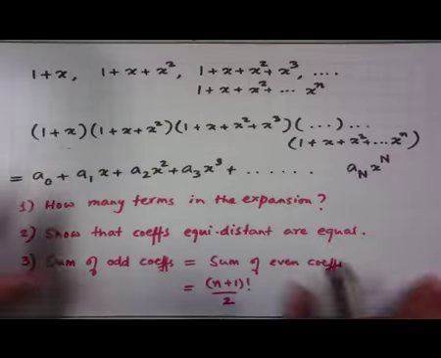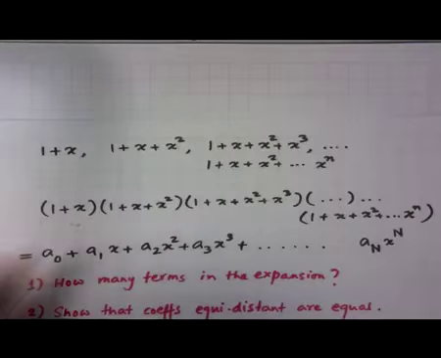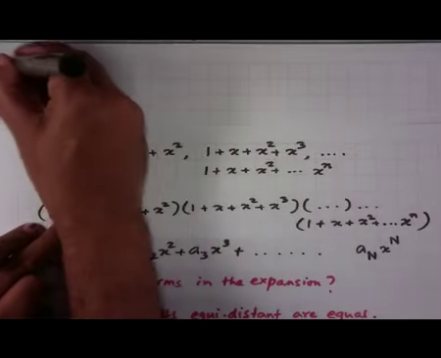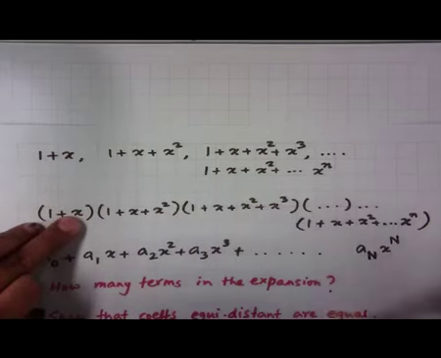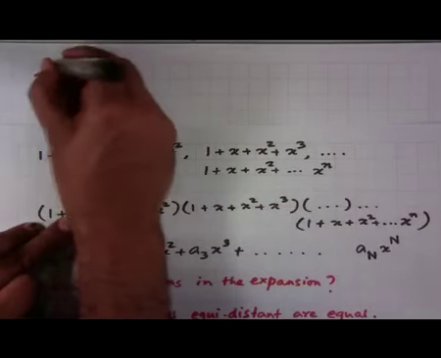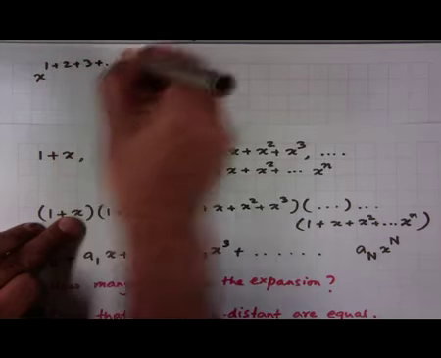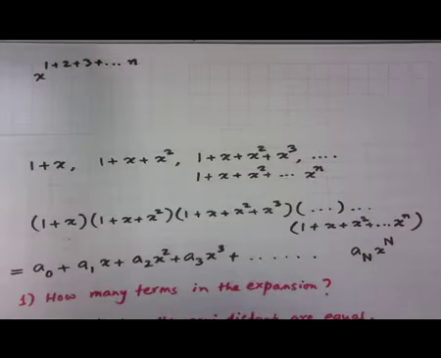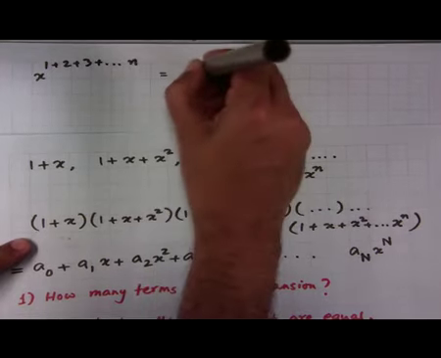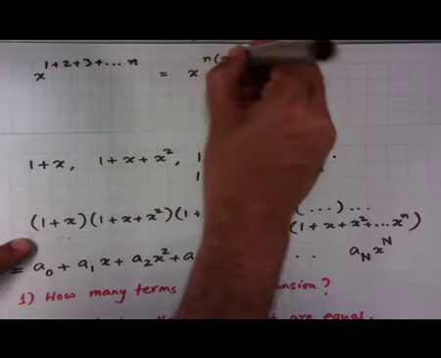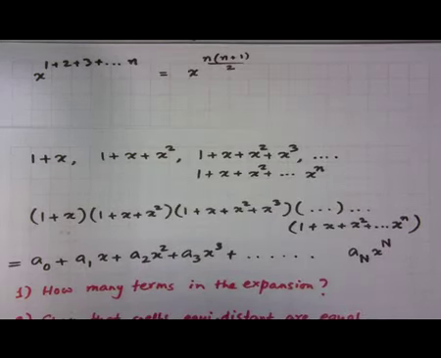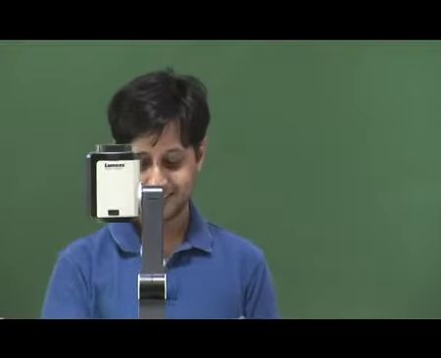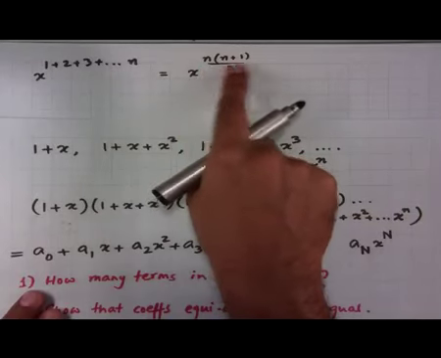N such, that means how many terms? So, you are going to go from units all the way till x power 1 plus 2 plus 3 all the way till n, and that is equal to x power n into n plus 1 by 2. So, you will start from units, x power 0, and reach all the way till x power n into n plus 1 by 2.